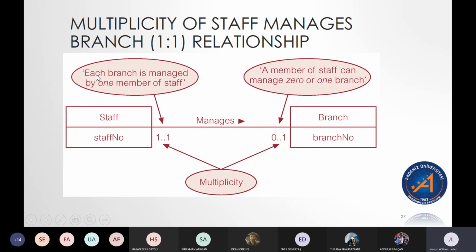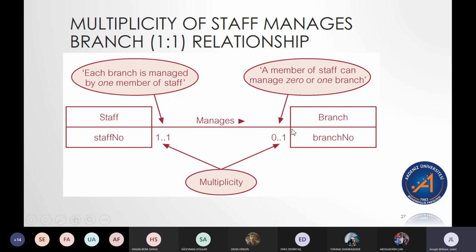Each branch is managed by 1 member of staff. Must be 1 and only 1. A member of staff can manage 0 or 1 branch. The way that we would say is that participation is required on the branch side. So the branch must participate in the staff relationship, in the manages by staff relationship.